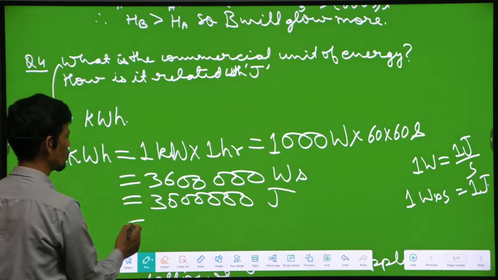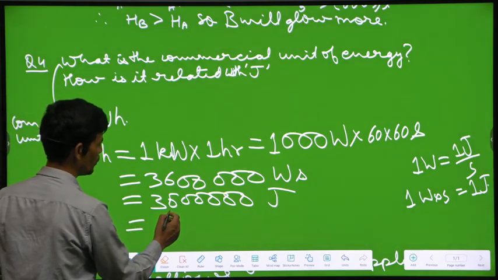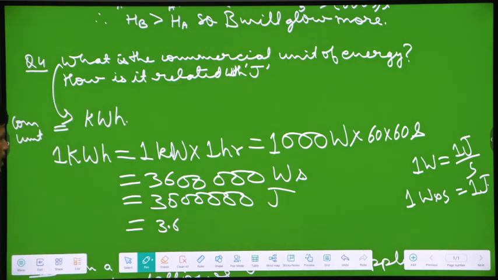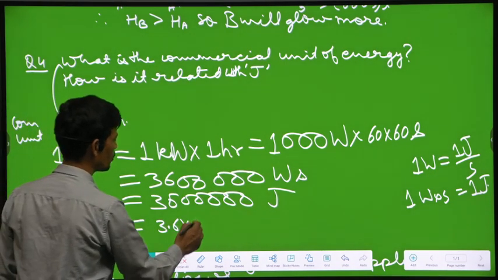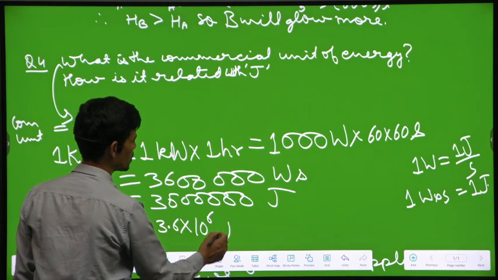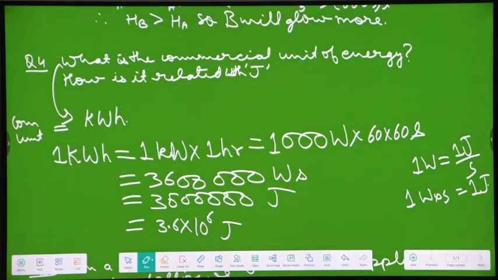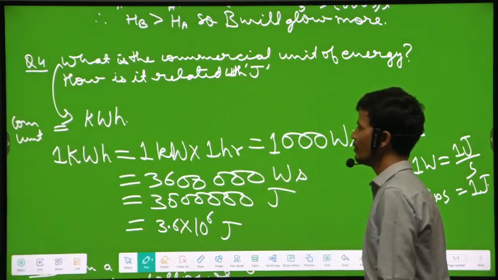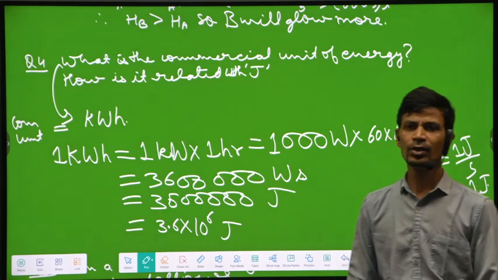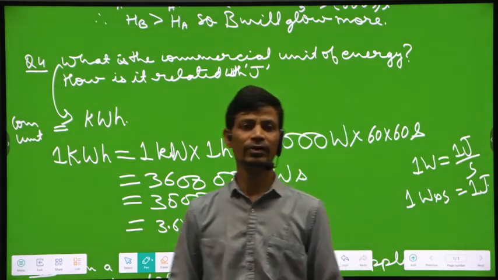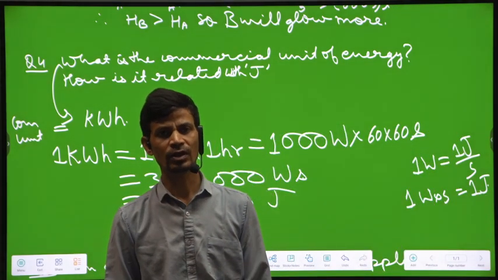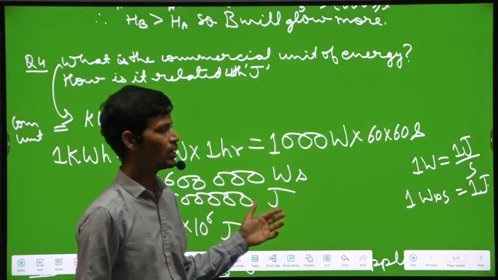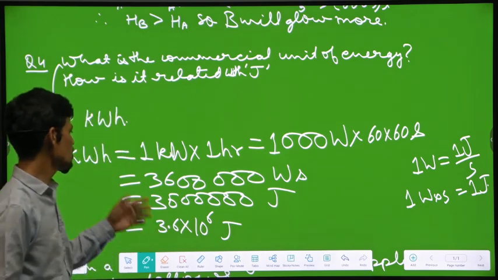And according to scientific notation, we can write it like 3.6, and to balance it I have to put 10 to the power 6 here. So this is the relation. And whenever we solve such a question in which power rating has been given in terms of watt, we have to convert it first into kilowatt, we have to convert time into hour, and then we can easily solve it.